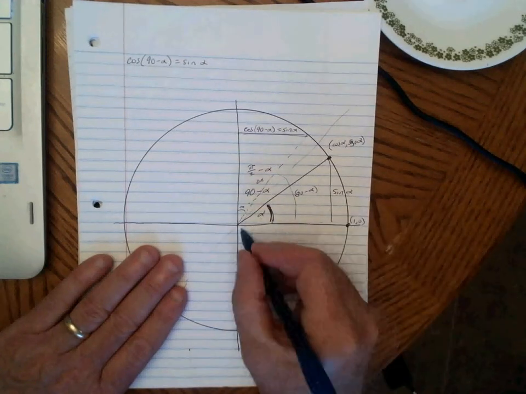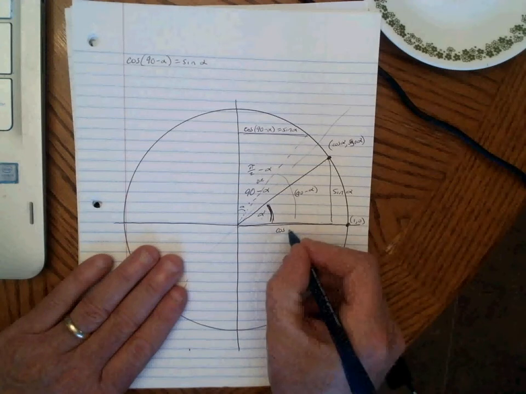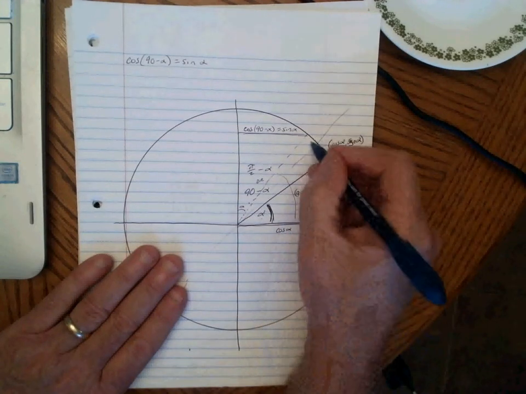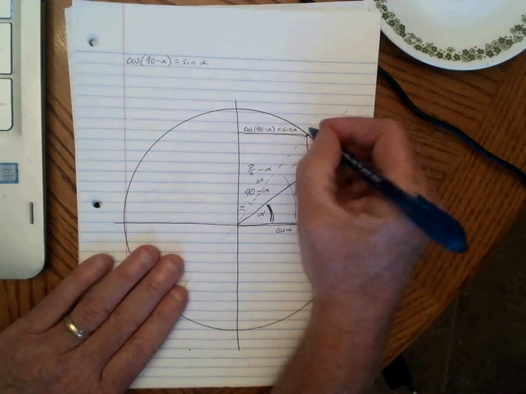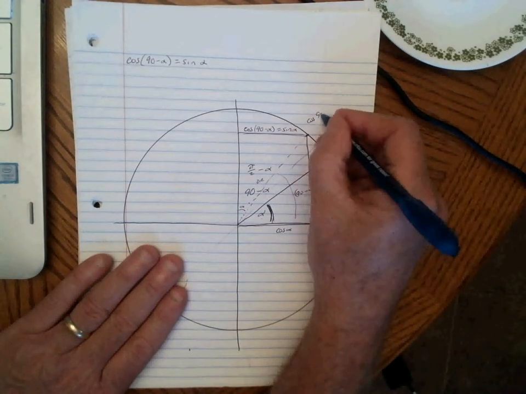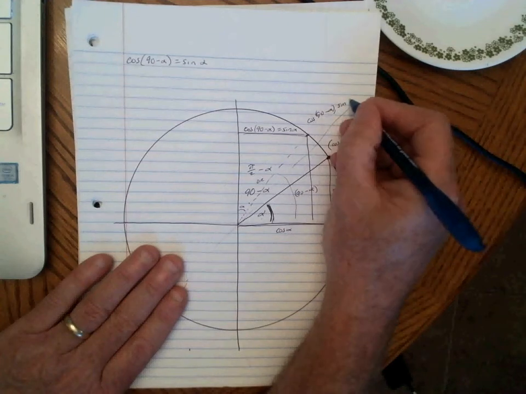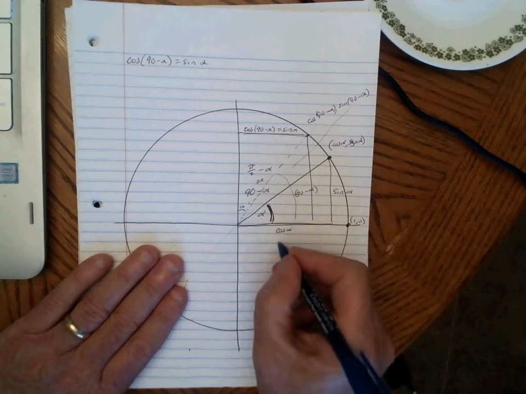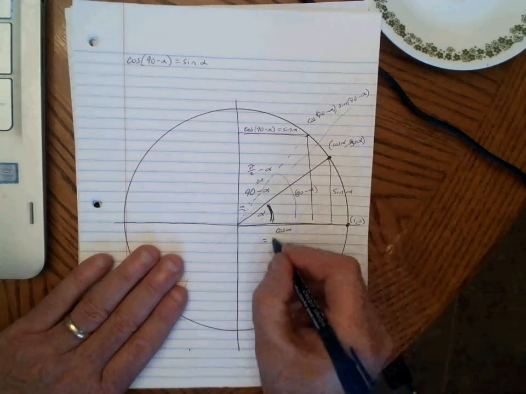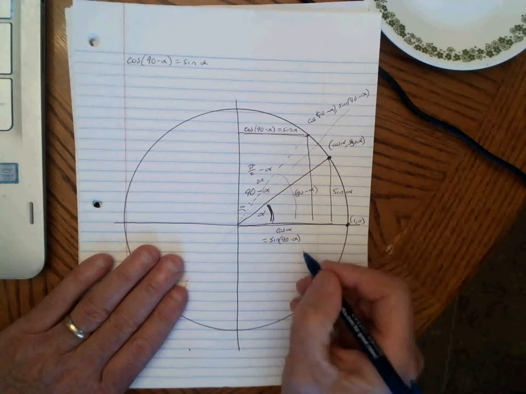And this distance was the cosine of alpha, the x-coordinate. It is now congruent to the y-coordinate of 90 minus alpha, so the cosine of alpha is equal to sine of 90 minus alpha.